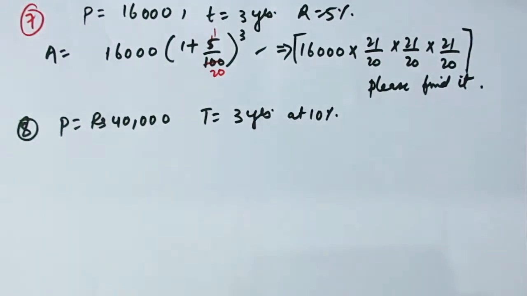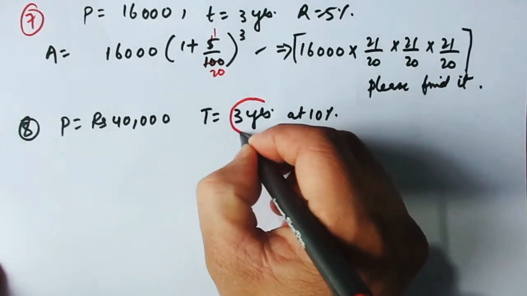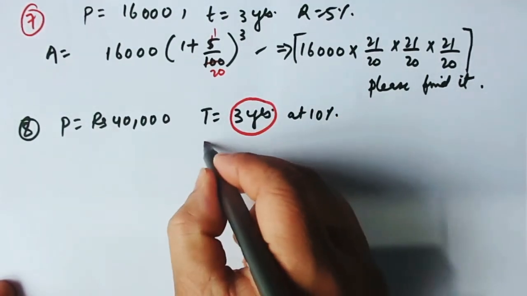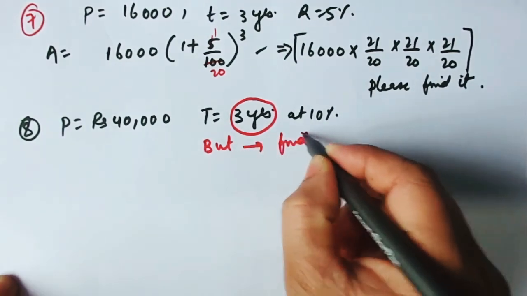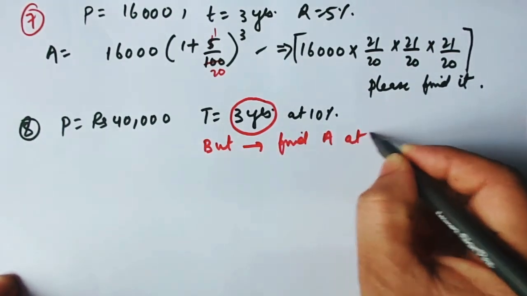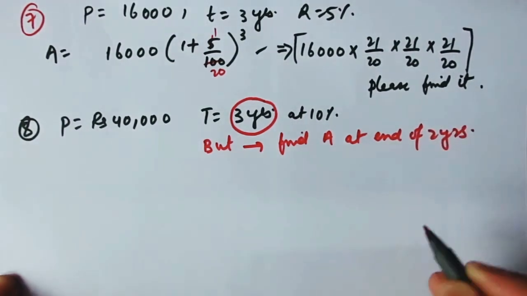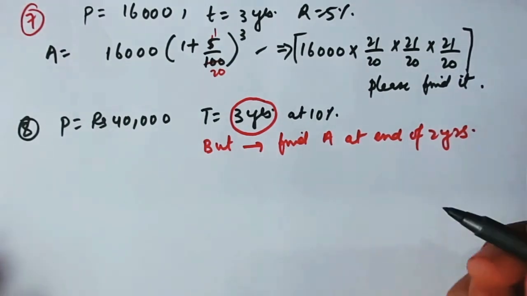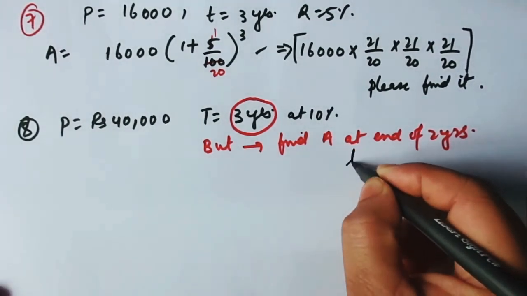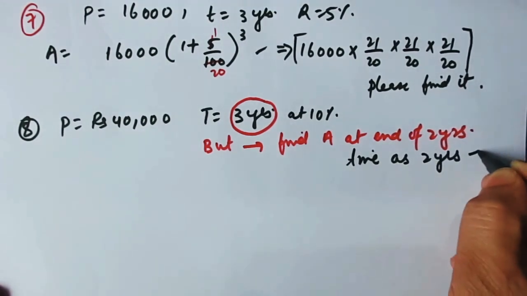They have given you 3 years. But what are they asking you? Find the amount at the end of 2 years. This means that you will have to take your time as 2 years only.